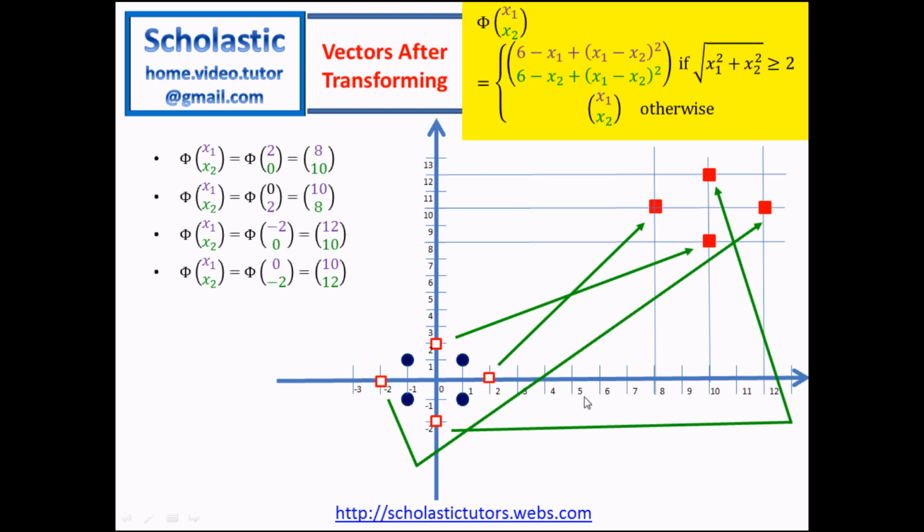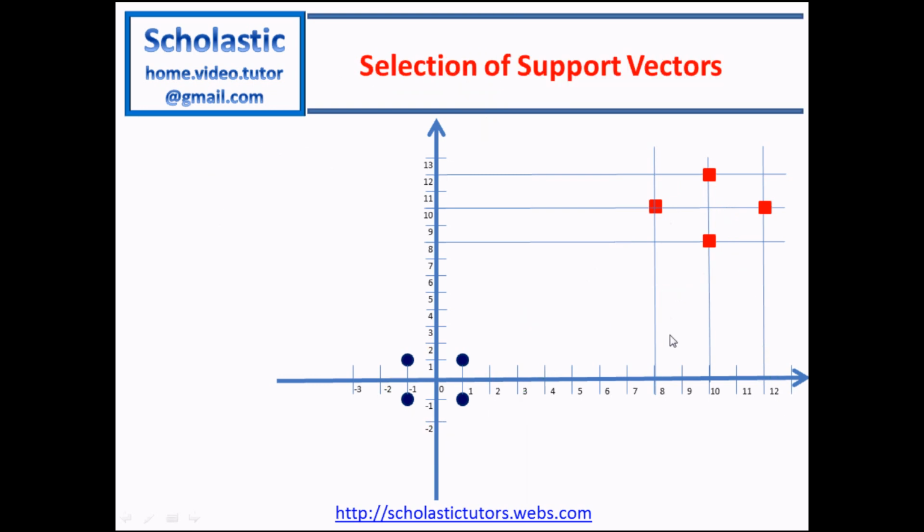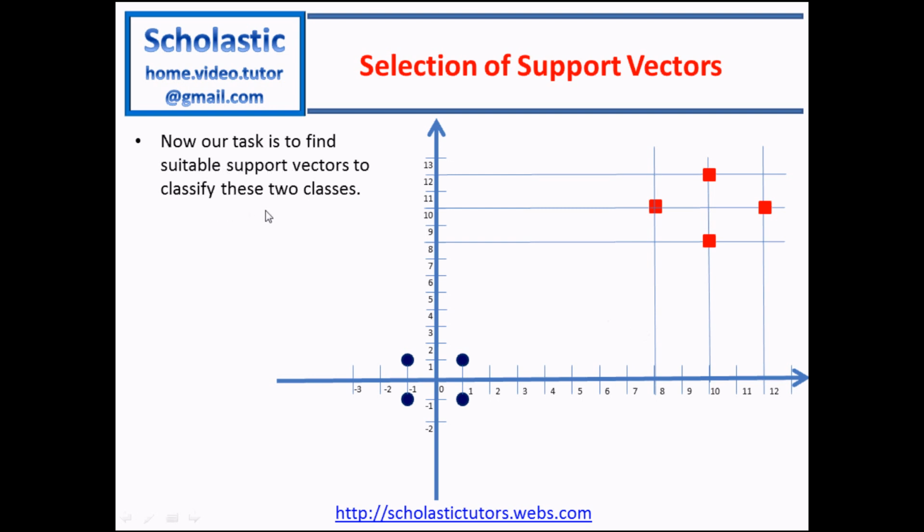So what we can see now is that we have a clear separation between the blue class and the red class. All the points outside the blue class are transformed into a separate place now. So now our problem has simplified into a linear support vector machine problem, a support vector classifier separating these two classes using a linear boundary.